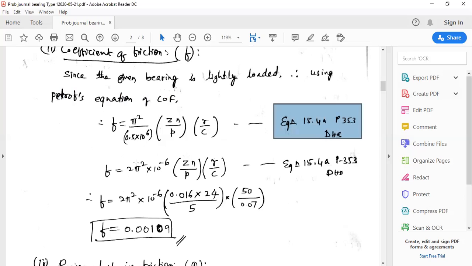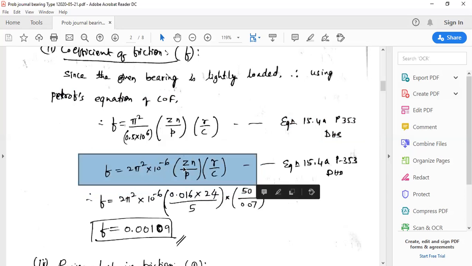This equation includes 2 pi square into 10 raised to minus 6 into Zn by P into R by C. Here 2 pi square is the constant, and 10 raised to minus 6 is the conversion factor. Z is in Newton second per meter square, that is Pascal second. N is in RPS, P is in Newton per mm square, and R and C are in mm.